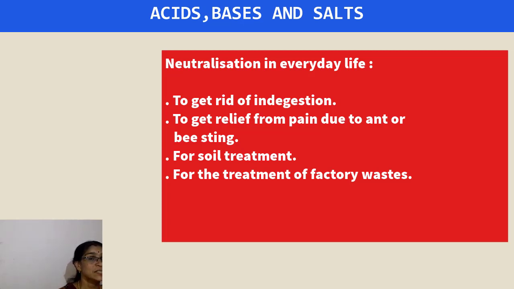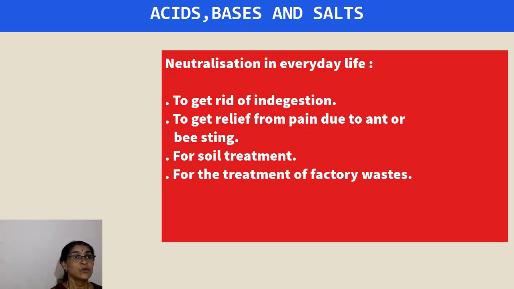What's the name of the baking soda? Sodium hydrogen carbonate, or calamine solution. These are bases and these bases neutralize the acid which is injected by the ant into our skin, that is formic acid. So when formic acid is combined with the calamine solution or the sodium hydrogen carbonate, a neutralization reaction takes place. So the pain is relieved.